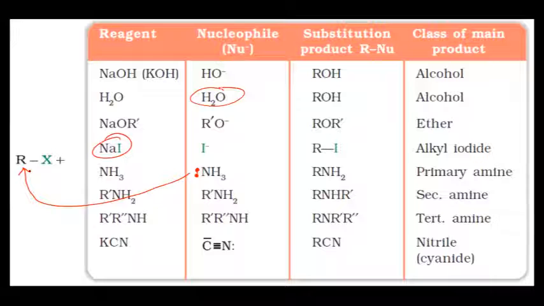And similar thing happens, the halogen goes away, and then hydrogen leaves as proton. So that's why RNH2, because one hydrogen also leaves along with halide. If any point is not clear, just let me know. It's a similar mechanism as I explained for H2O here.